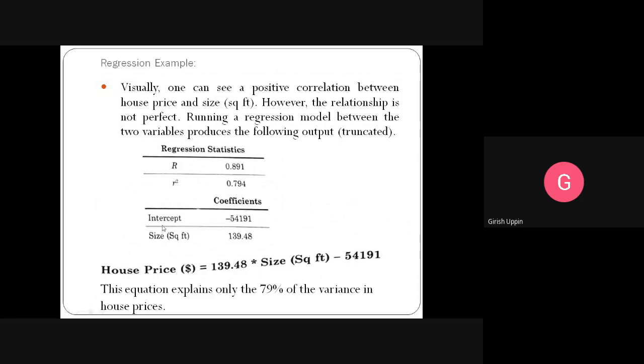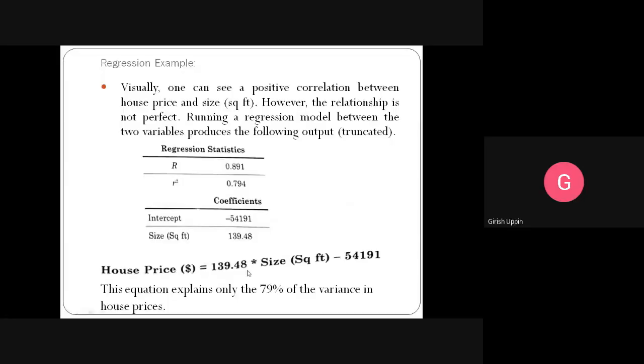Then these are the coefficients. The intercept is beta naught, which is minus 54,191, and this is the coefficient of the size. If you consider this as x, this is beta 1, and what would be your model or the equation? House price y is equal to beta 1 into x, where beta 1 is 139.48, into x, plus beta naught.